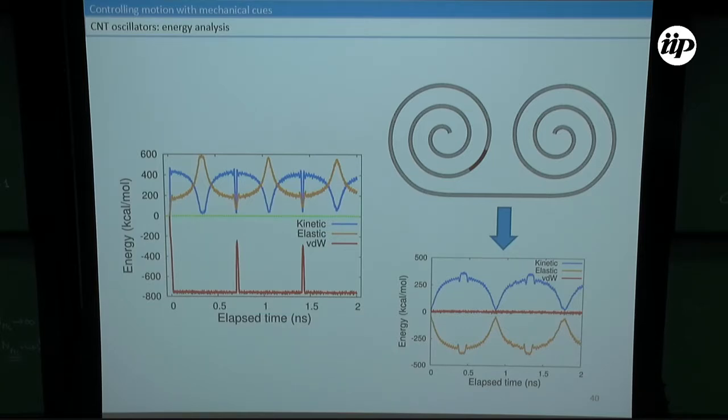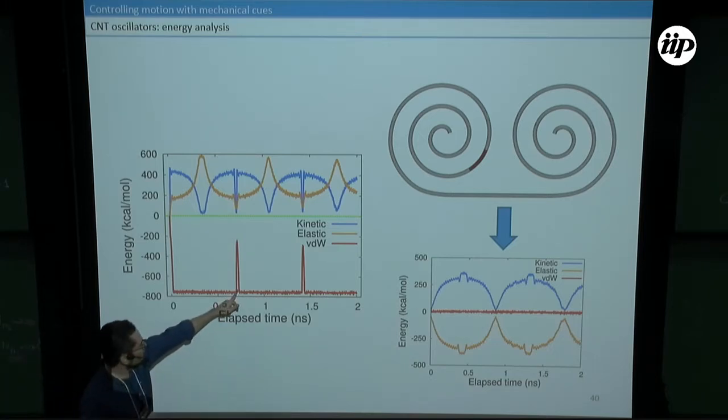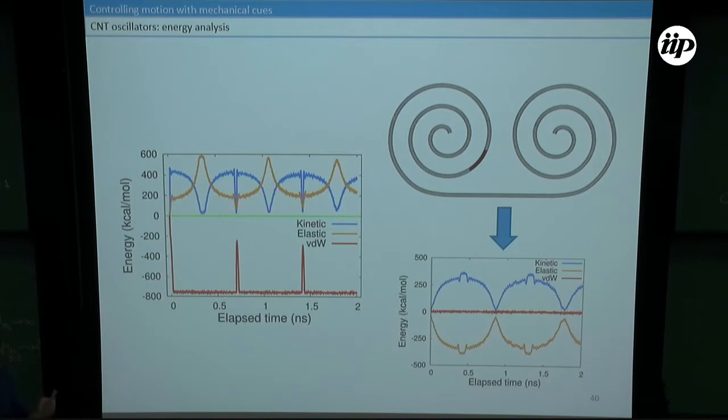So this is the energy along the simulation. As I talked about before, when you try to leave the covered region, it will lose contact area, and it will increase the van der Waals energy very quickly, so it will go back in. As it moves inside, it will keep increasing the curvature, and it will increase the elastic energy.